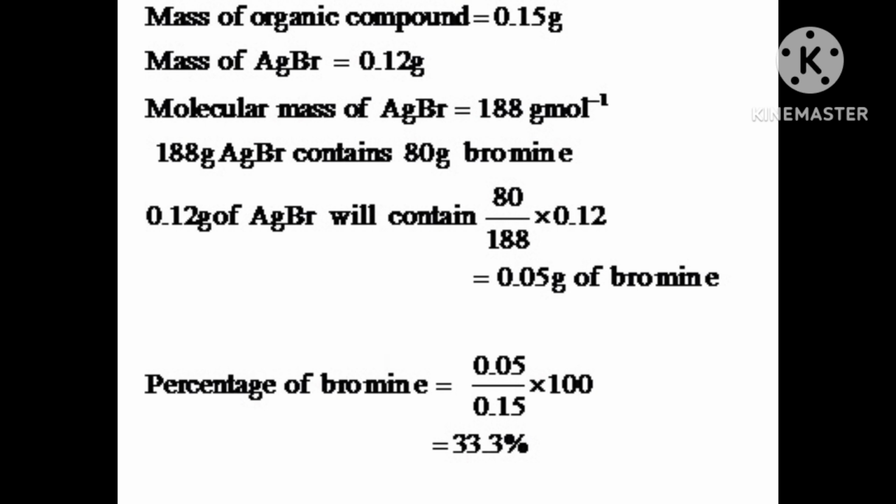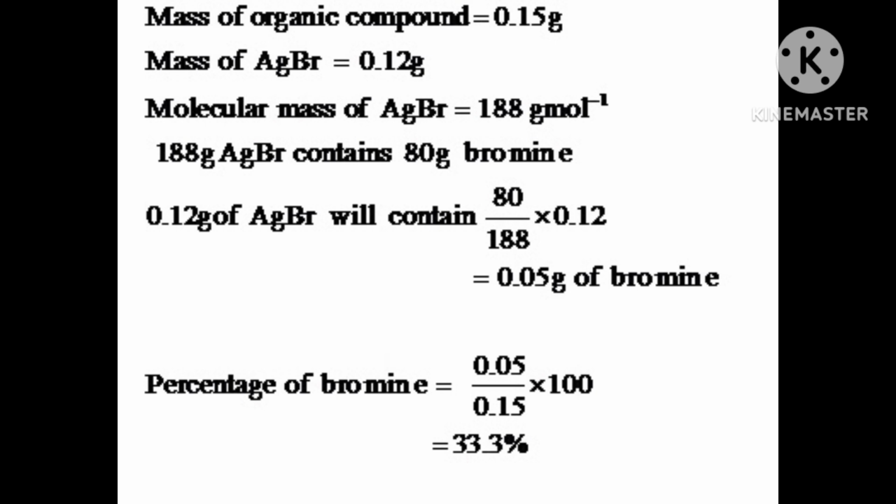You can get it by adding the atomic mass of barium plus the atomic mass of sulfur plus the atomic mass of oxygen into 4, because O4 is there.